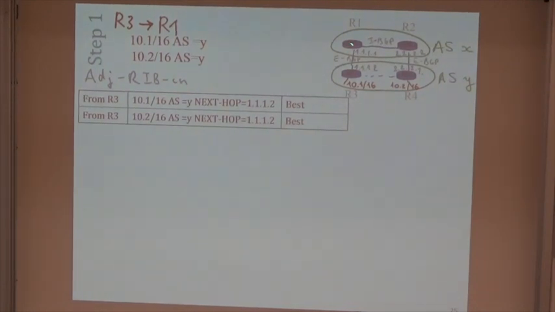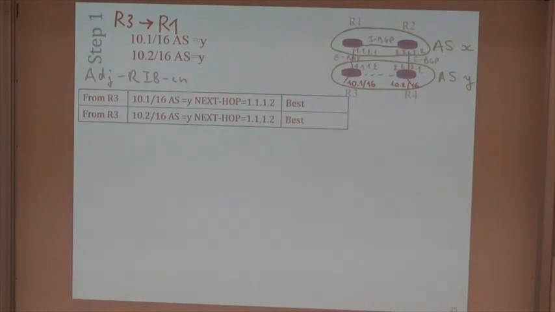Right? So this link must be considered as internal. What does it mean when I say it's considered as internal? That means that any router in the X cloud must know, through OSPF, for example, how to reach this address, 111.2, even though it's an address of a BGP router in some other domain.